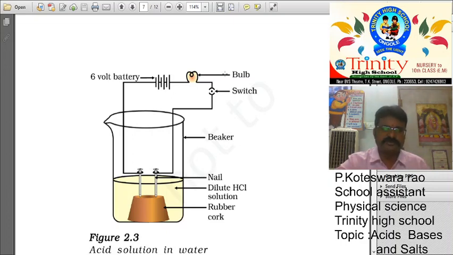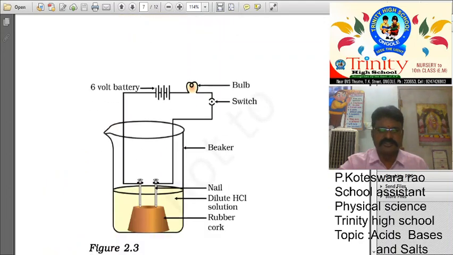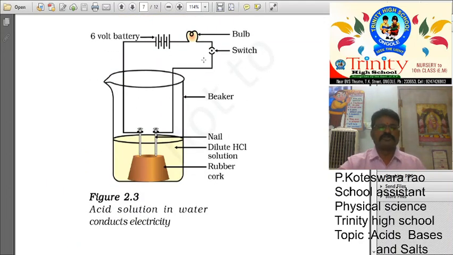Once again we observe whether the bulb is glowing. Third, we fill sodium hydroxide in this beaker and observe the bulb. And finally, remove the sodium hydroxide and fill it with calcium hydroxide, Ca(OH)2. Once again we observe whether the bulb is glowing or not.